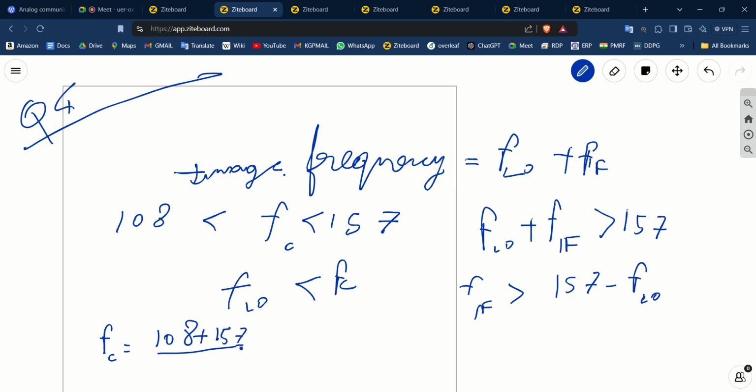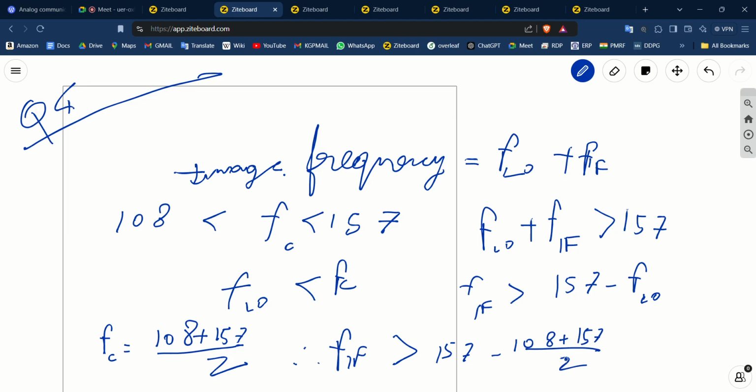If FLO is less than this, then FIF has to be greater than 157 minus 108 plus 157 by 2.